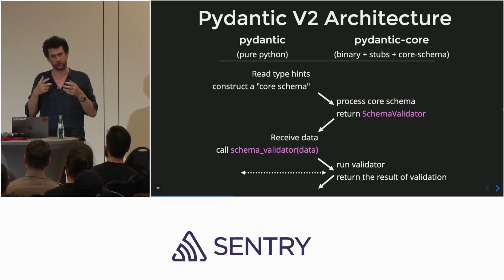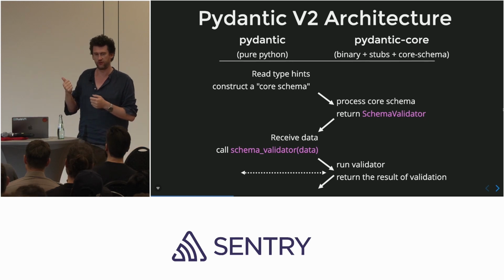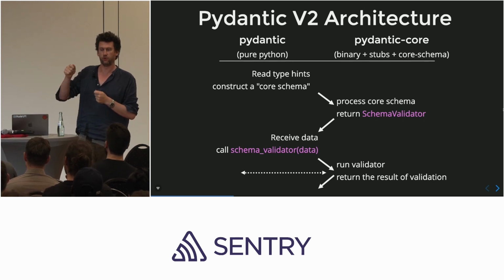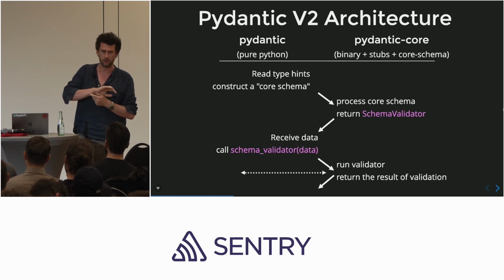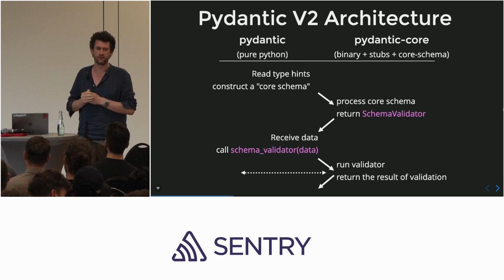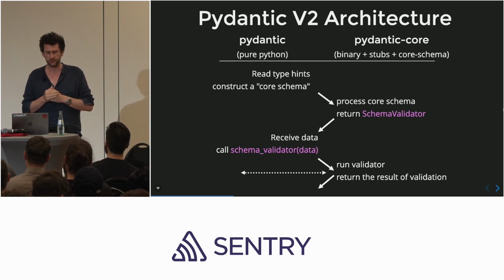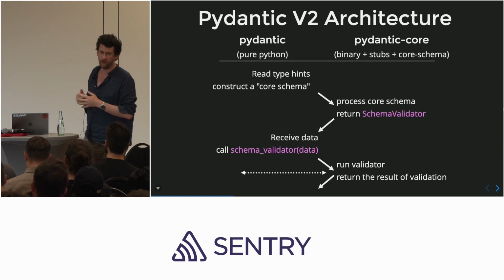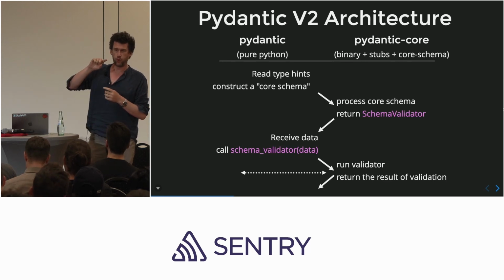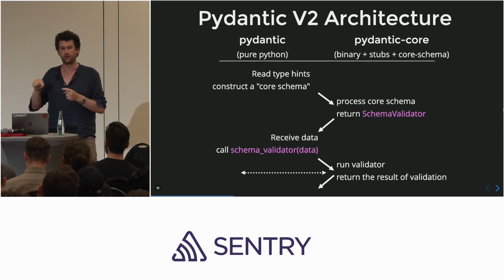And that is stored on a Pydantic model. And then when we come to do validation, we effectively just call the method on the schema validator. All the validation happens in Rust, and you return that into the Python world. One of the other things that we're able to do, which isn't included in this diagram, but is quite important, is that while running validation in Rust, we can call Python code, including your Python code.